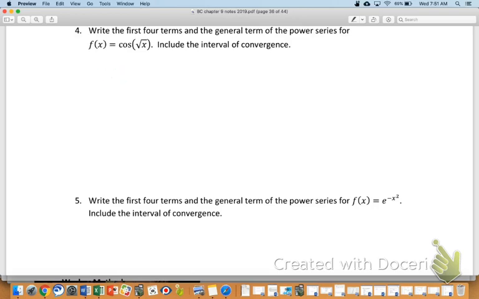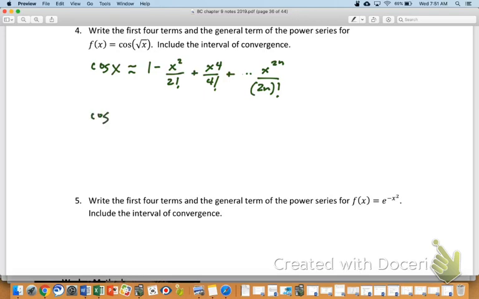Cosine of x is approximated by 1 minus x squared over 2 factorial plus x to the 4th over 4 factorial plus dot, dot, dot, x to the 2n over 2n quantity factorial. I think it would be a great idea to write that down just as an attempt to help you memorize it.